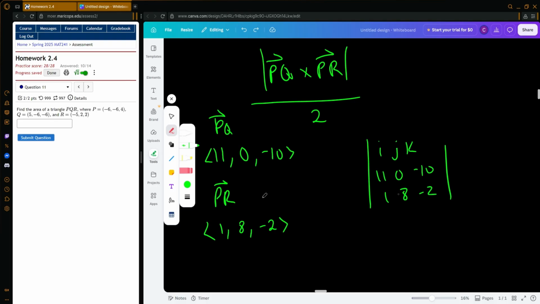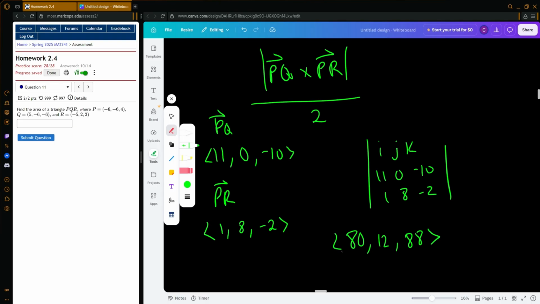But that's fine, the magnitude is going to be the same either way. So we'll do 0 times negative 2 is 0, minus 80, so it's going to be 80. I'm going to do negative 22, minus 10, so plus 10, so that is going to be negative 12, that's going to turn into positive 12. And then we have 88 minus 0 is 88.